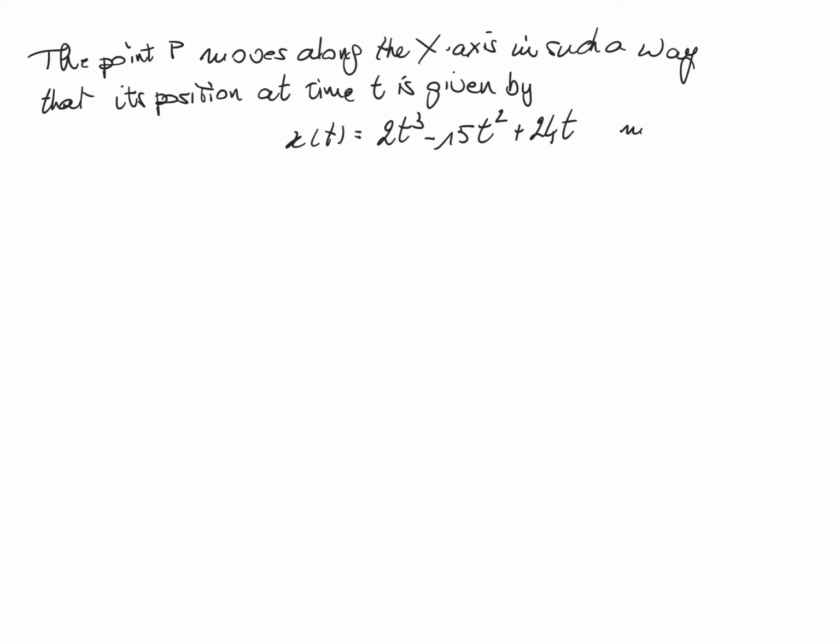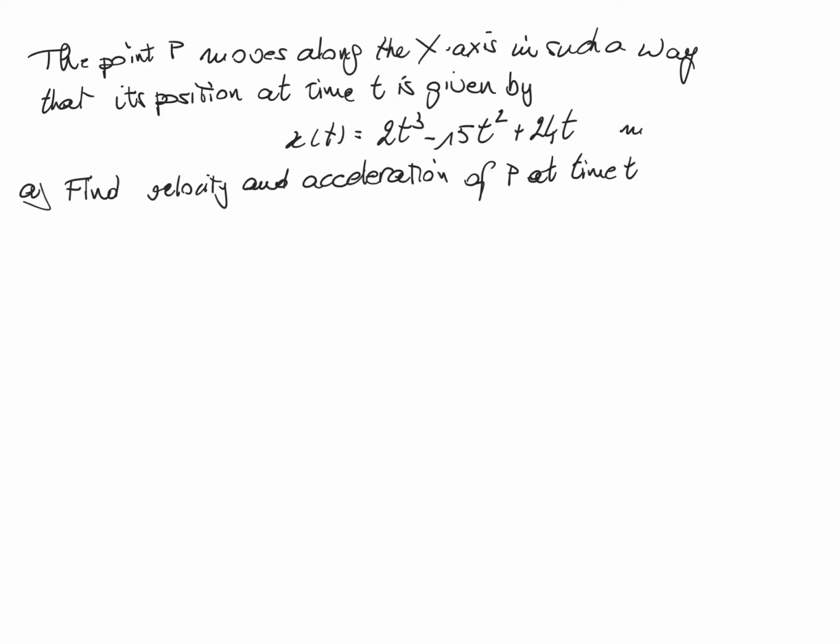We have a point P moving along the x-axis, and it moves in such a way that the position is given by the function 2t^3 minus 15t^2 plus 24t meters. For this point, find the velocity and the acceleration of P at a time t.